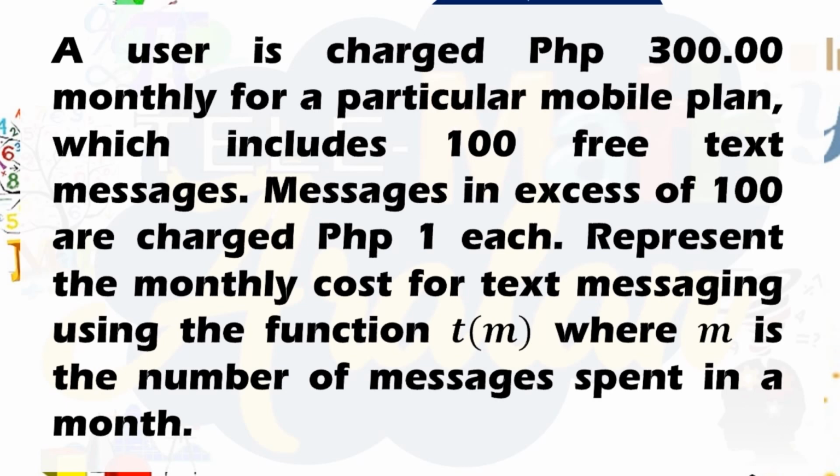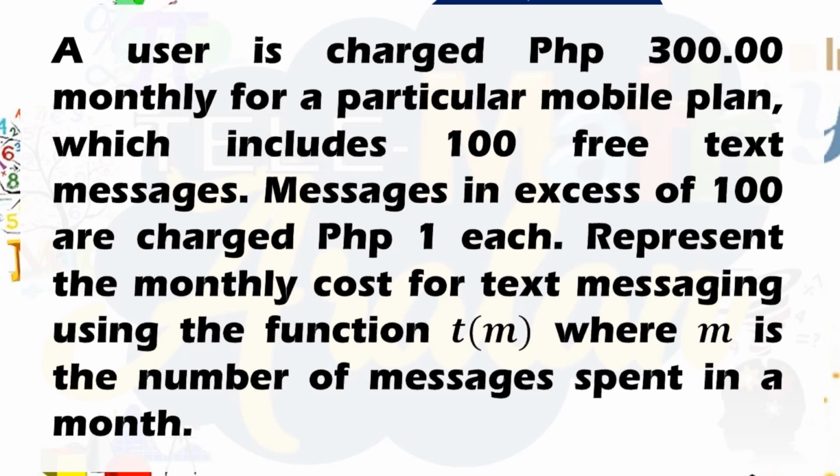A user is charged 300 monthly for a particular mobile plan, which includes 100 free text messages. Messages in excess of 100 are charged 1 peso each. Represent the monthly cost for text messaging using the function T of m, where m is the number of messages spent in a month.